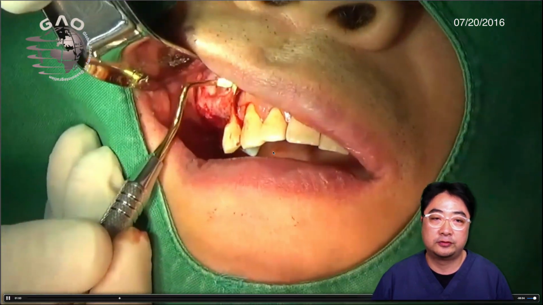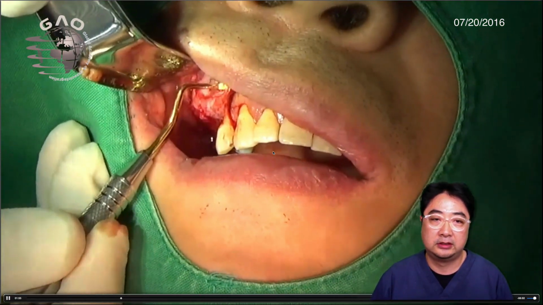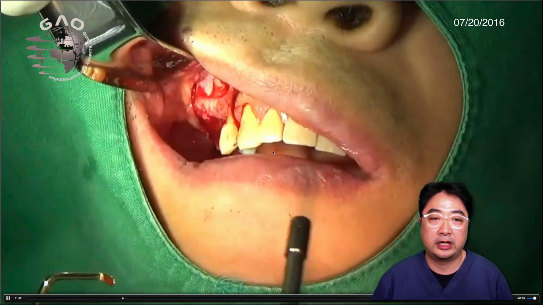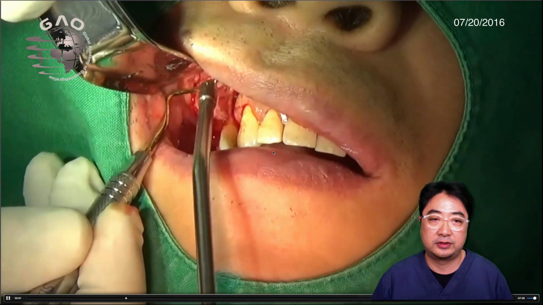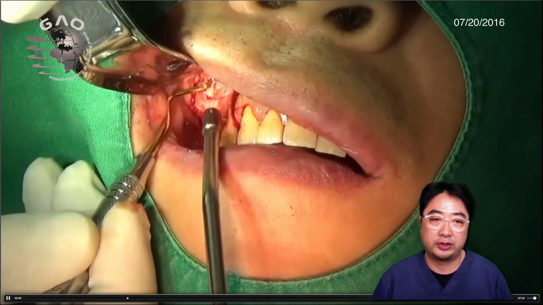Then you do careful dissection with the FLIR elevator. Most of the time I do medial and distal first, and a little bit of the superior area.